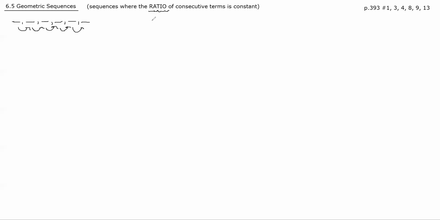Ratio is sort of like a division, a fraction, so on and so forth. Let me try to explain. Before, for arithmetic sequences, you're able to find the difference by, well, finding the difference. You subtract. It's sort of like doing first differences for a table of values for a linear equation.